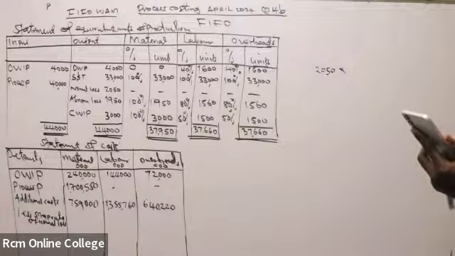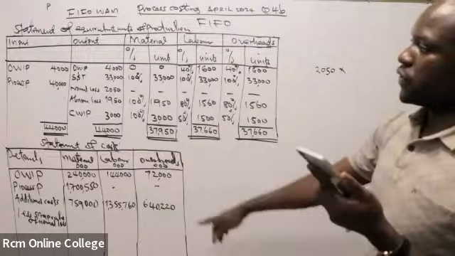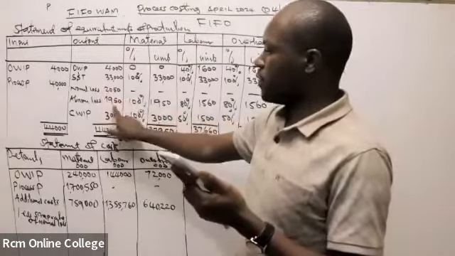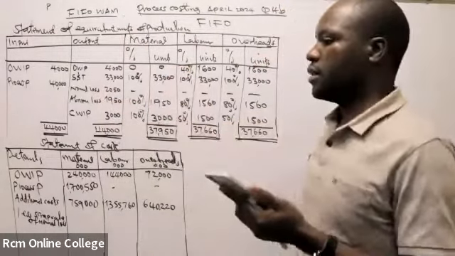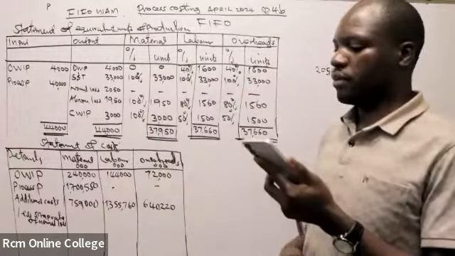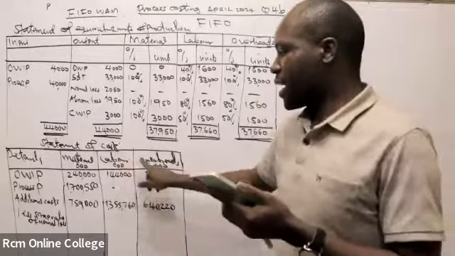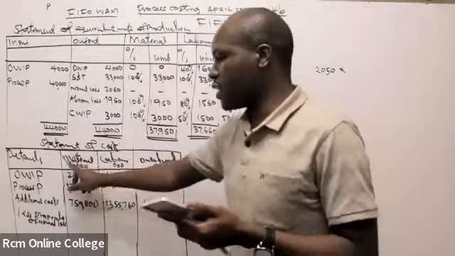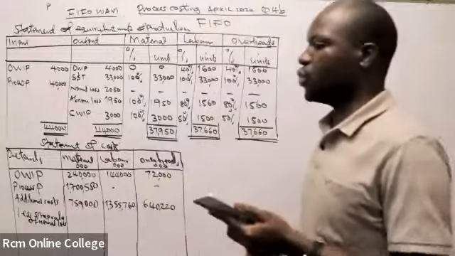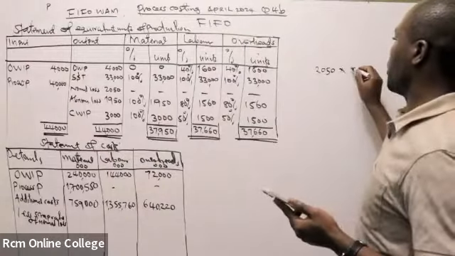The unit scrapped is the normal loss, 2050 and 1950, giving us 4,000. But the cost per unit is 15,000. Our figures are in thousands. So what do we need to do? We multiply by 50.